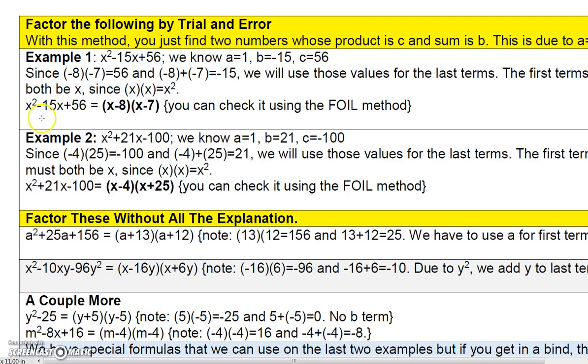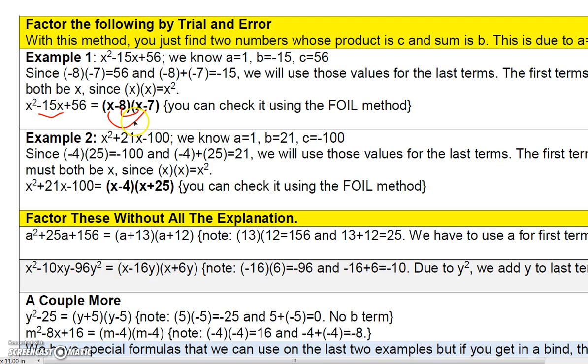If you'll remember, this middle term minus 15x, it comes from taking the inner product and outer product and adding them together. Now, since the first terms are only going to be x in these examples, then when you multiply the negative 8 times x and the negative 7 times x and add them together, it's basically just going to give you what negative 8 plus negative 7 would be as far as the coefficient.